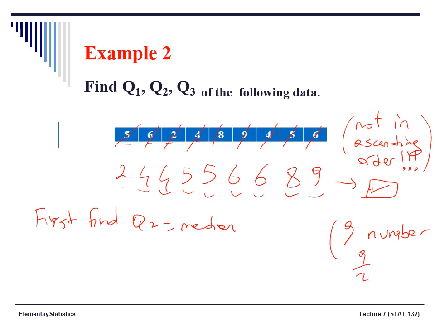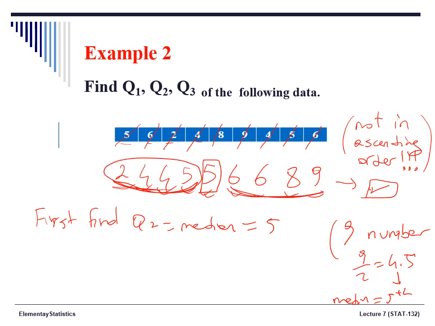The shortcut is 9 over 2, it's 4.5, so the fifth one is the median. You can say 1, 2, 3, 4, 5. Here 5 is the median, so it divides the data into two parts, as you see.